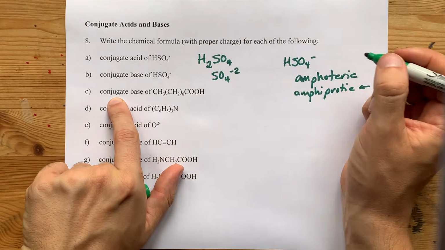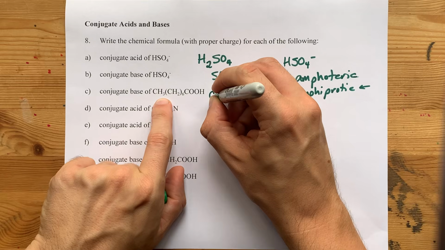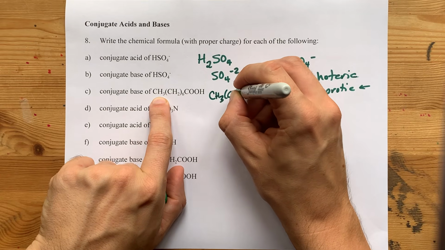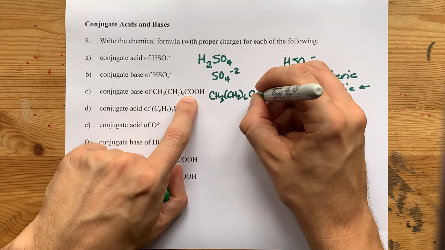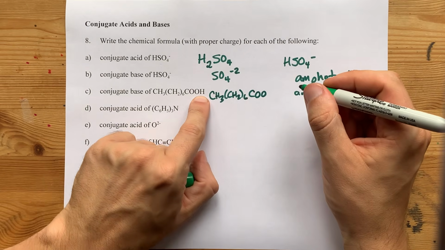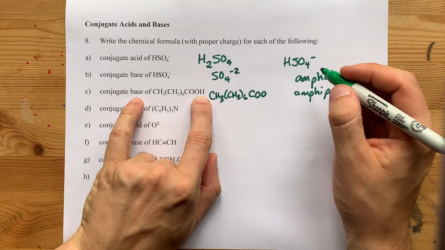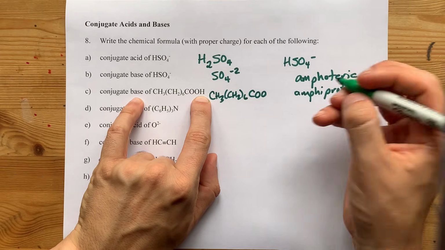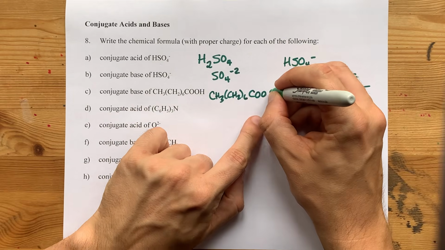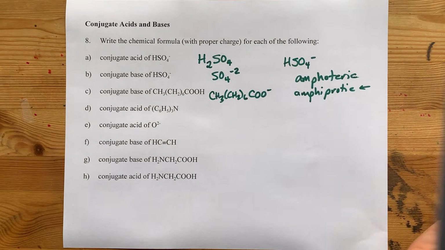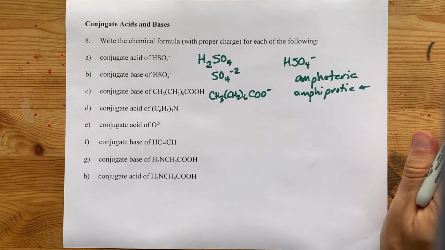So the correct answer here is CH3, CH2, 6. Leave all of that intact. COO, take that H away because you're making the conjugate base. And take away a +1. We're starting at neutral, so taking away a plus gives us a minus charge. That's your conjugate base.